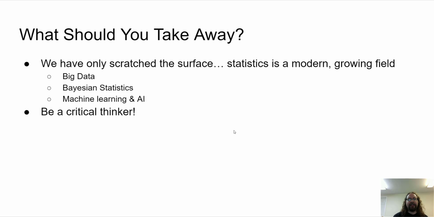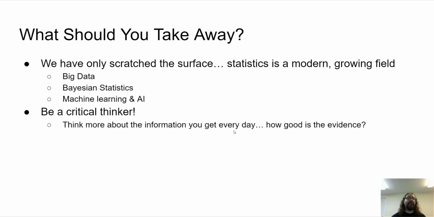The other thing we want you to take away is not just about statistics, but the thinking overall that goes behind good statistical reasoning, which is what we call critical thinking. So what does it mean to think critically? Well, for one, you should be thinking more about the information you get every day. How good is the evidence behind that information? Sometimes you know, sometimes you don't, but it's always good to ask the question. Now, a lot of people agree with that statement, or say they do, but the next one is a little more challenging.